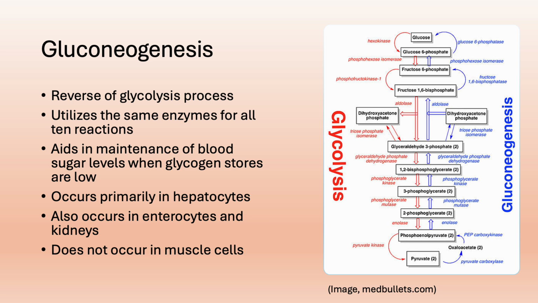This is a 2-step reaction, which is irreversible, and it has a pretty big negative free energy change, making it an exergonic reaction. So this occurs when pyruvate, or another 3 to 4 carbon sugar, is transported into the mitochondria or is generated from alanine, and this is facilitated by an enzyme called pyruvate carboxylase.